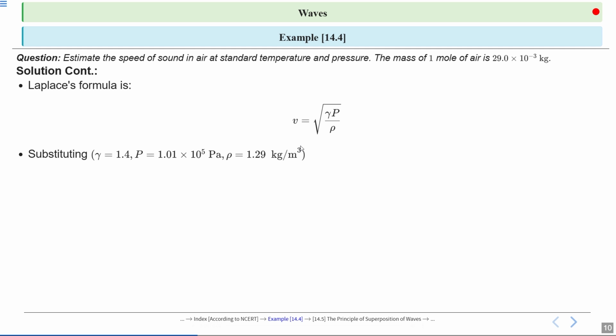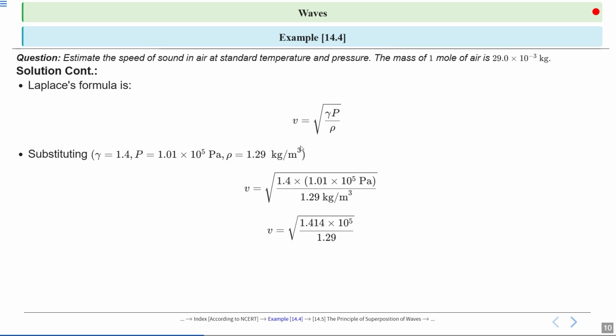Pressure P is 1.01 into 10 raised to the power 5 Pascal. Rho is equal to 1.29 kilogram per meter cube. So now plugging these numbers into the formula, we get V equal to square root of 1.4 into 1.01 into 10 raised to the power 5 Pascal divided by 1.29 kilogram per meter cube.